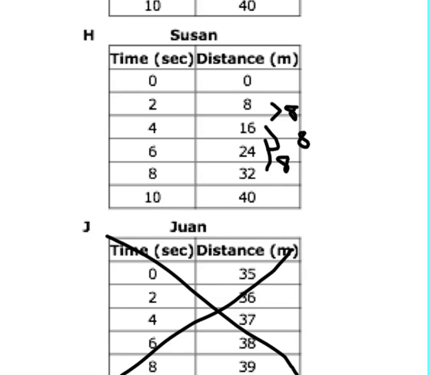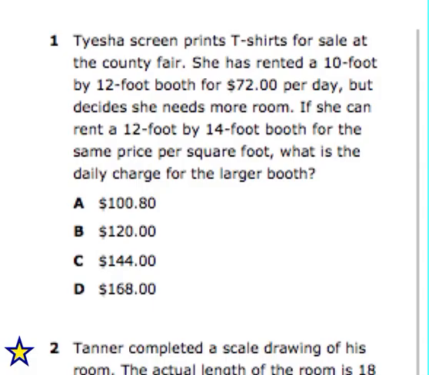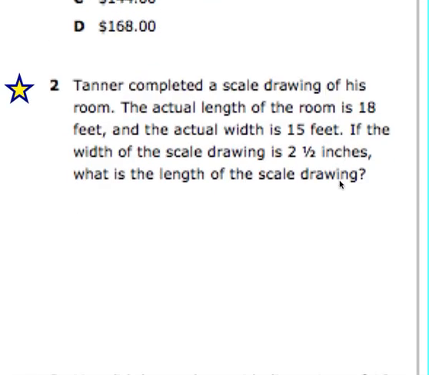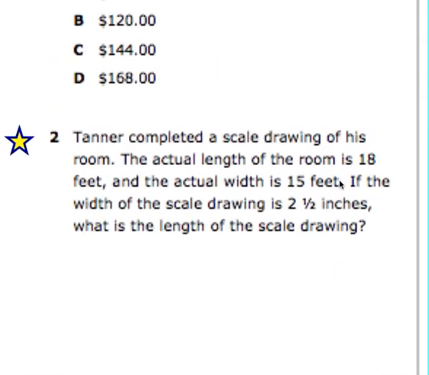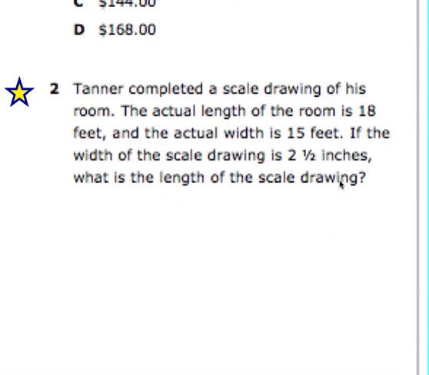We'll do one more problem. Actually, I think we've got several other problems. Here in the next section it says Tanner completed a scale drawing of his room. The actual room is 18 feet long and the width is 15 feet. If the width of the scale drawing is 2.5, what should be the length of the scale drawing?